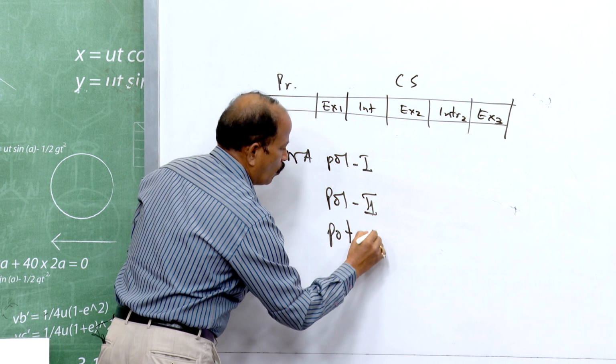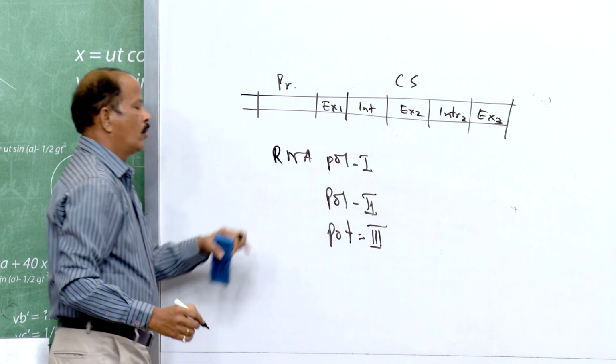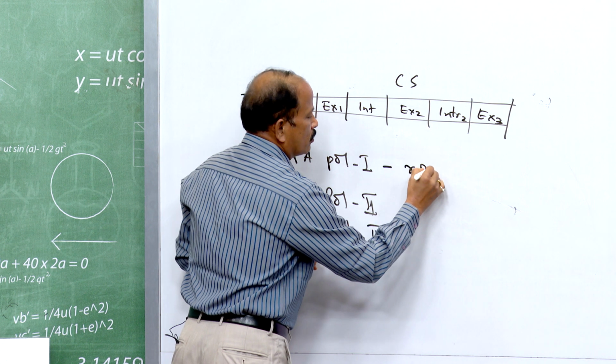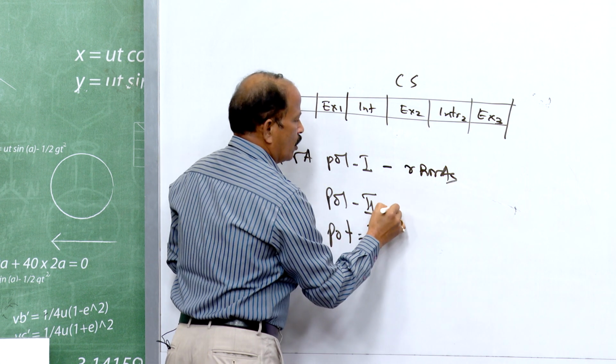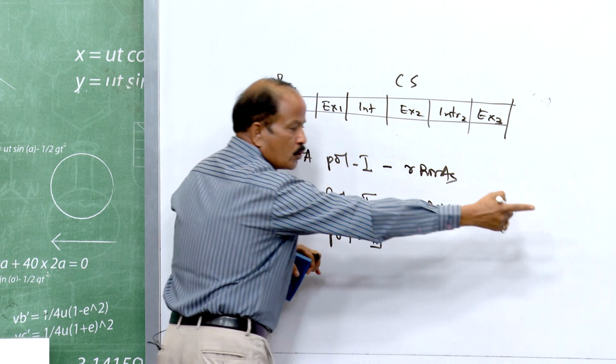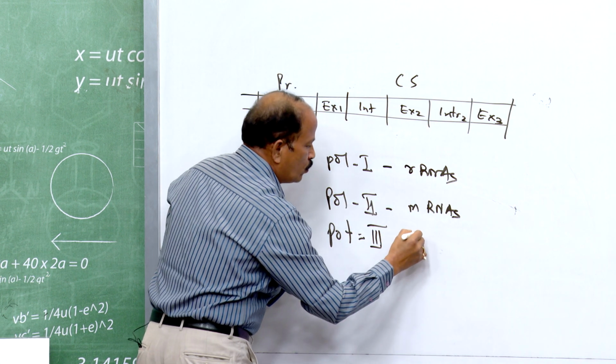RNA polymerase 1 gives rise to rRNAs, polymerase 2 gives rise to mRNAs, which give rise to proteins, and polymerase 3 gives rise to tRNAs.